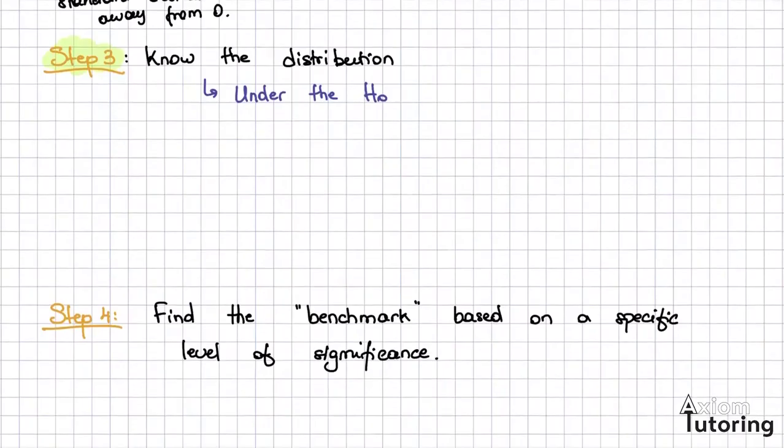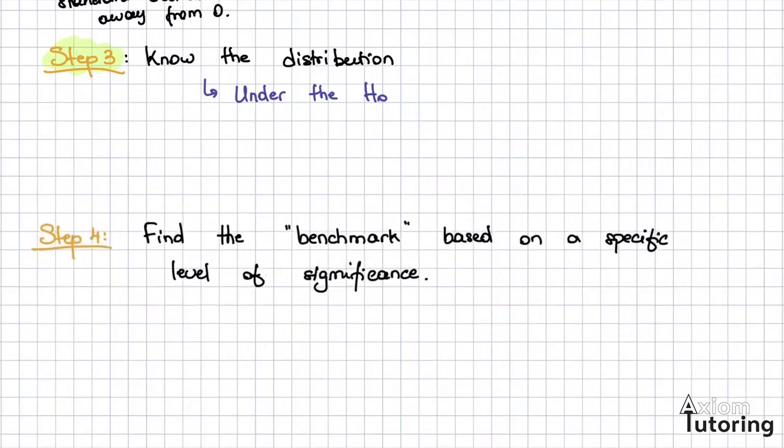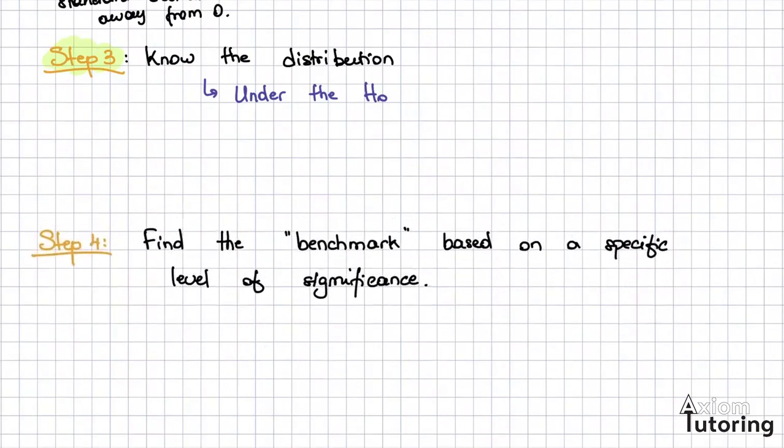Step 4, find the benchmark based on the specific level of significance. So now that we know the distribution, we have to find this benchmark. This benchmark, for some of you, is also called the critical value. Okay?